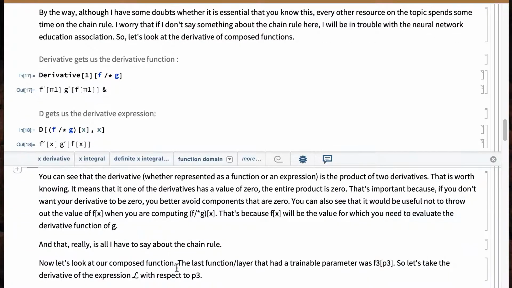So let's stare at this a little bit. First of all, if either of those derivative functions are 0, then the whole thing is 0. And so, if you want your answer here not to be 0, because 0 can be a problem, you better make sure that none of the elements in the chain are 0.